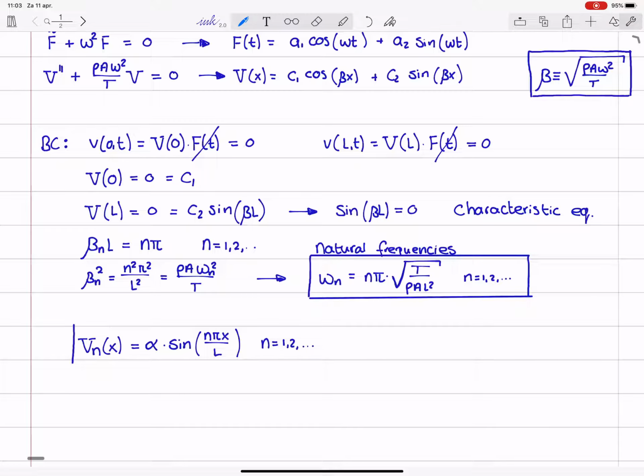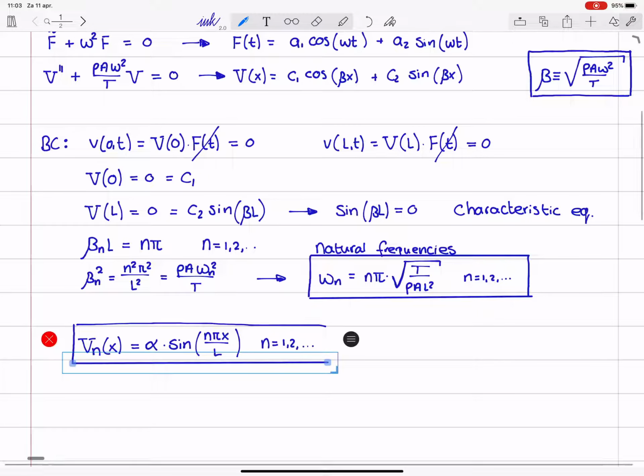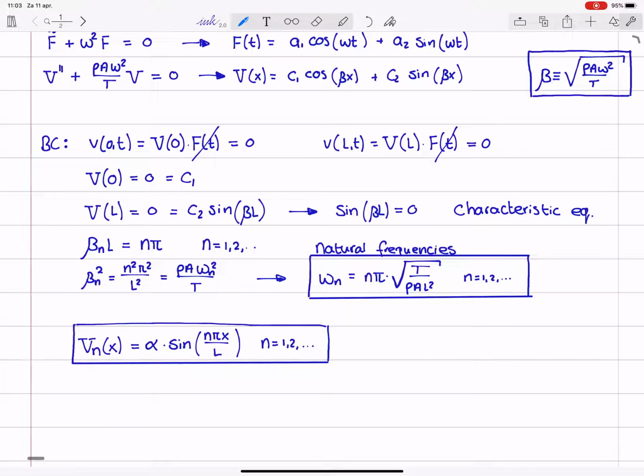So these are the natural modes corresponding to the natural frequency. We use these functions for which the characteristic equation is satisfied. And we see that they are also infinitely many, and there are sines only.